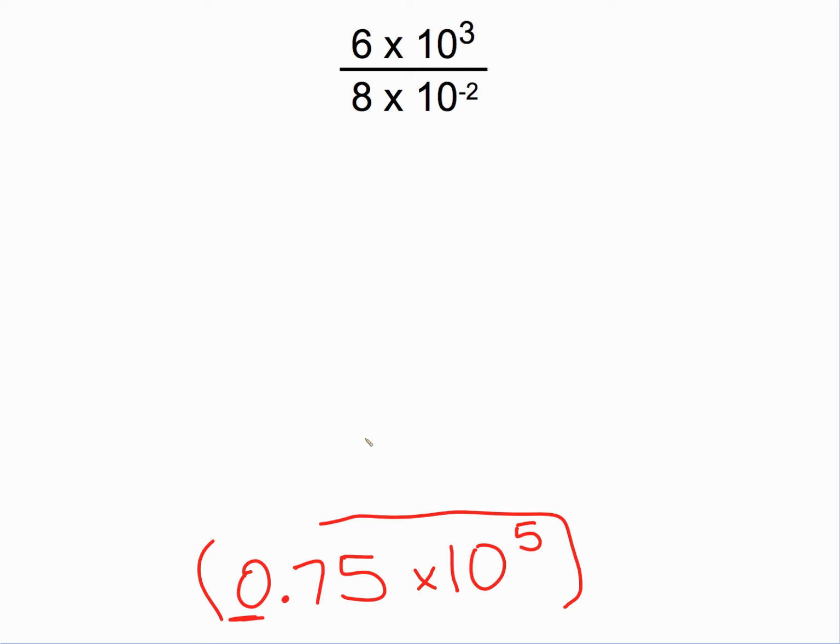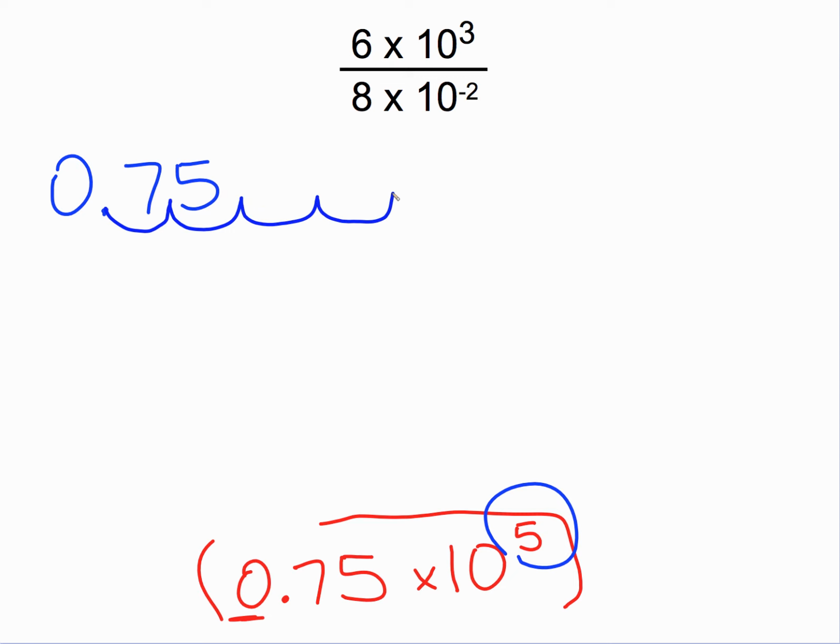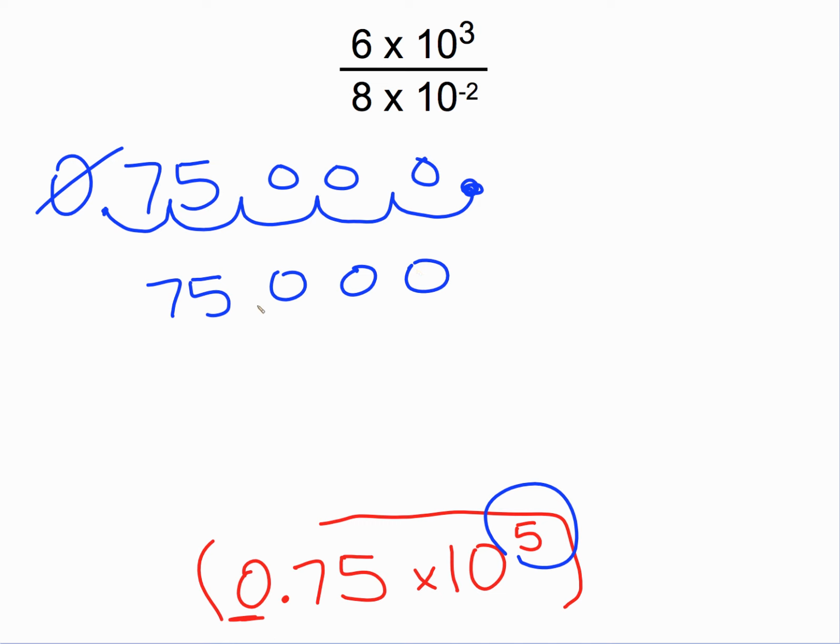So 0.75 times 10 to the 5th power, since this is a +5, that tells me that I will move that decimal to the right 5 spaces, because I want a big number. 1, 2, 3, 4, 5. So now this 0 is gone, so I have 75000. The decimal's at the end, so I don't have to write it, so it's 75,000.